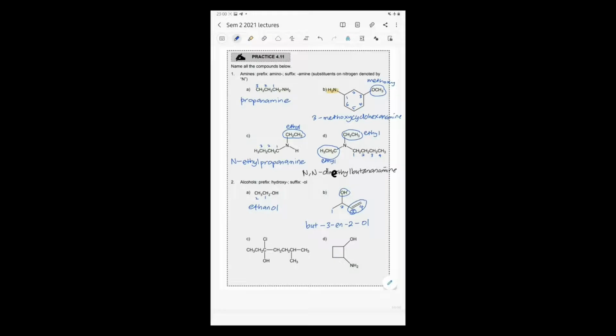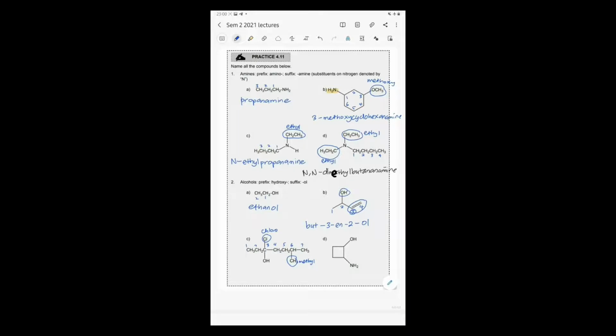Next is C. Which one will be the first carbon? We should start from the one that is nearest to the functional group OH, because OH now has the highest priority. So it will be number 1 here, 2, 3, 4, 5, 6, 7. Cl is chloro, and we also have methyl at carbon number 6.